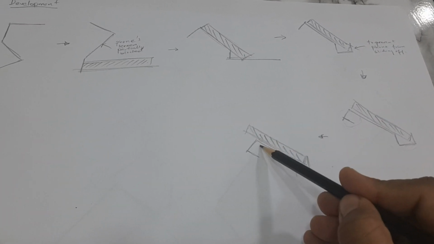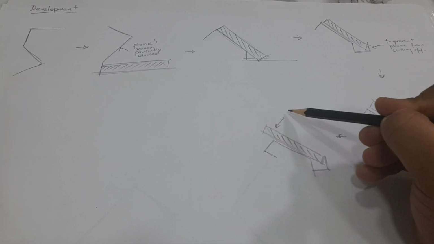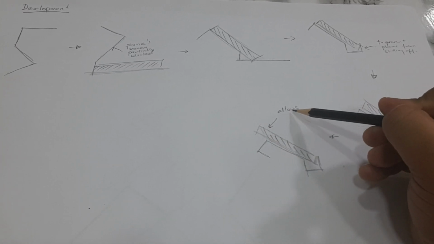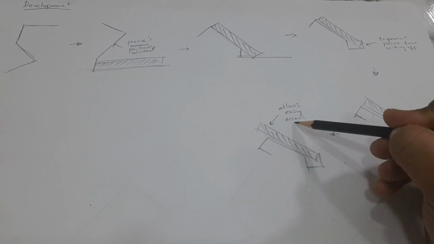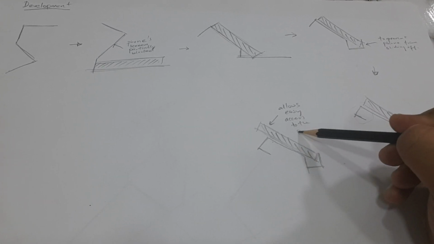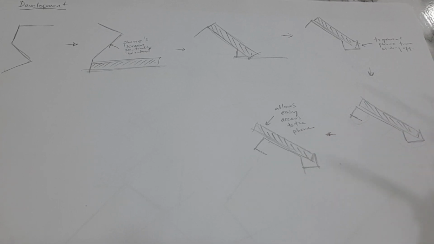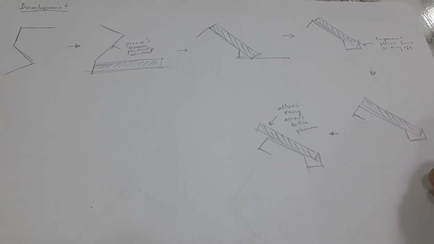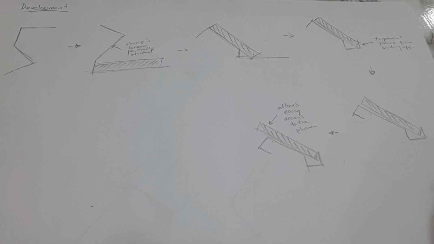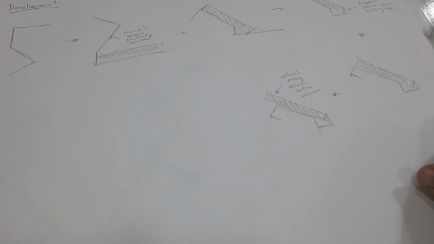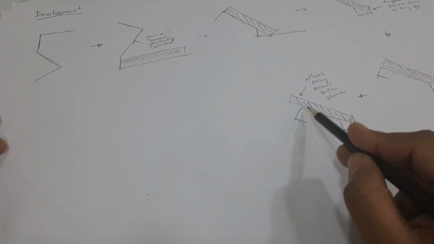So when I shorten this length, it allows easy access to the phone. Alright, so with this, I can conclude, right? If I think I'm happy with my design, I can conclude here. Alternatively, you can even look at the angle that is bent.